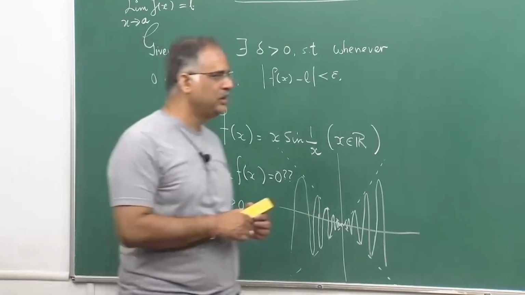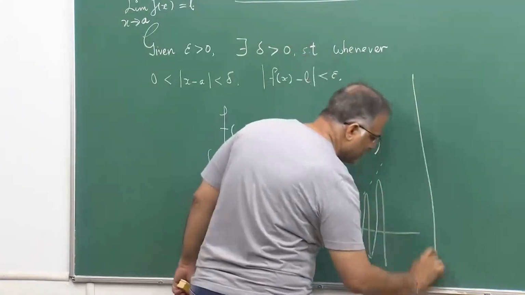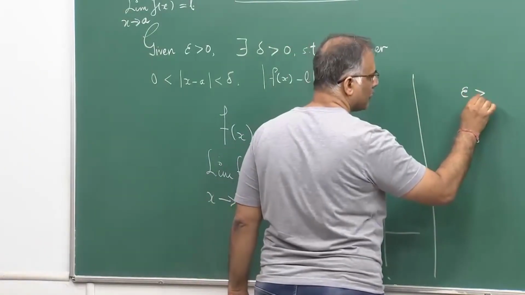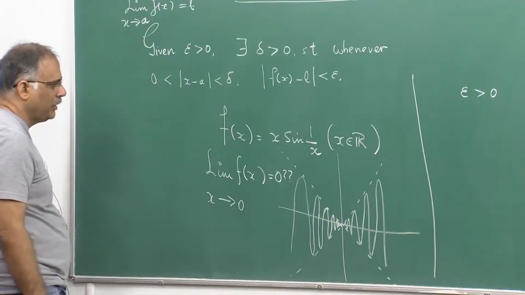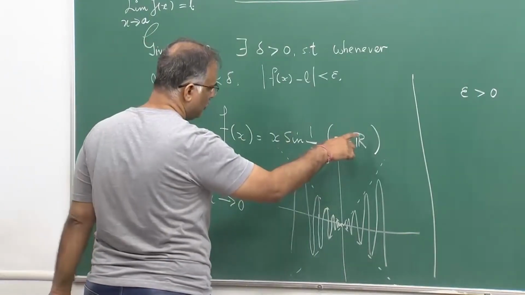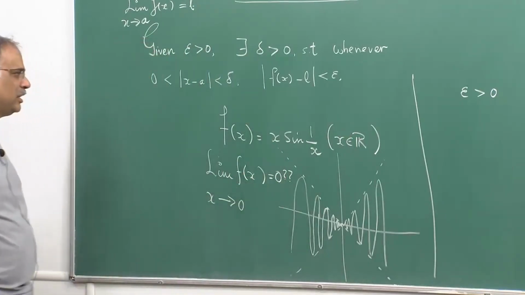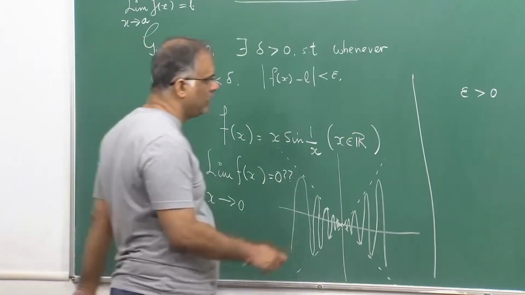But here it turns out that it is very simple. Take any epsilon greater than 0. I want to make this strictly less than epsilon, because now I am just looking at this.